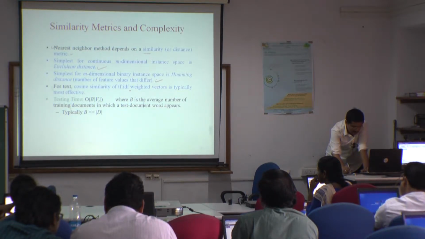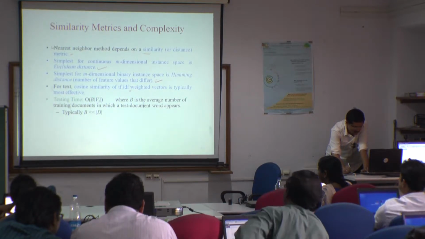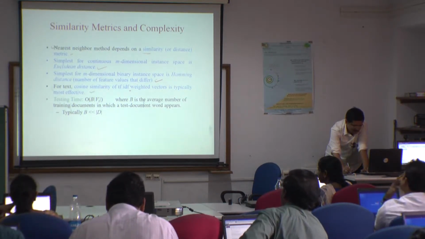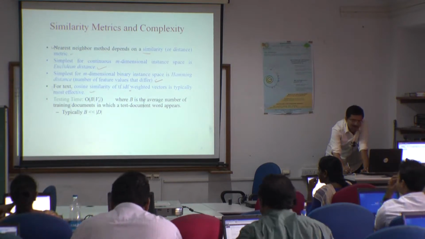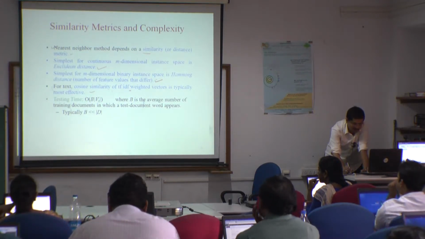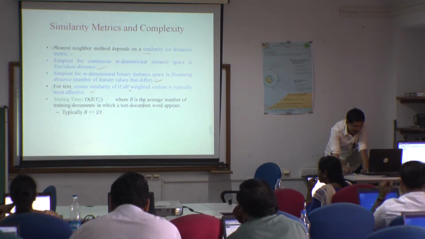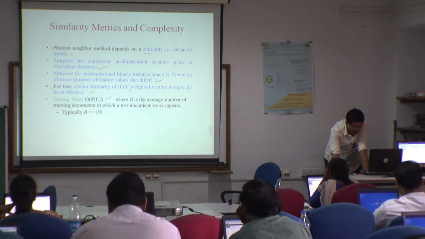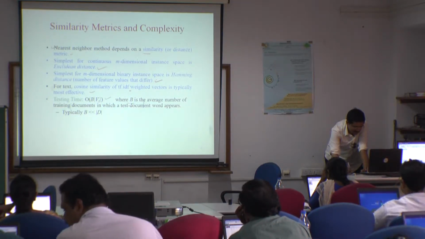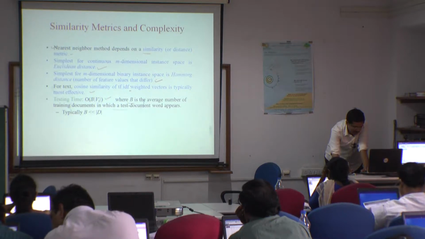Cosine similarity on TF-IDF vectors is highly effective. You can use that as the similarity measure with documents if you are working with text classification. This is the testing time, where B represents the average number of training documents in which a text document's words appear.